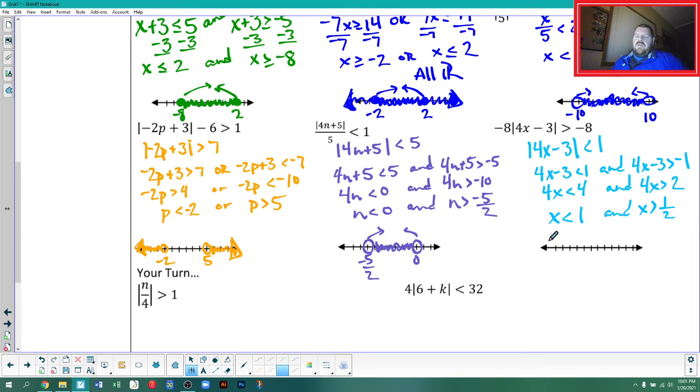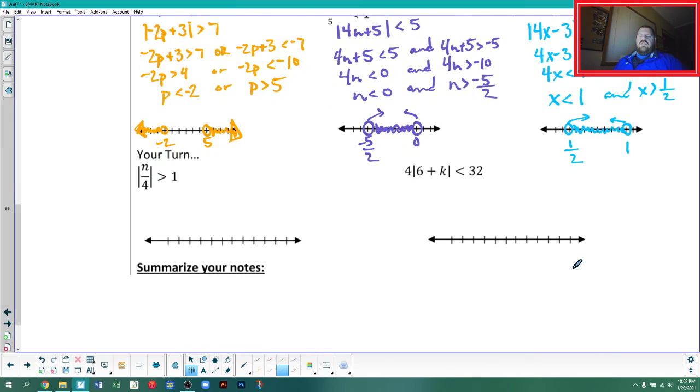So greater than 1/2, I'm just going to say 1/2 is here. We have a really large scale here, and I have 1 right there. Open circles on both of these. Got a lot of open circles today. Greater than 1/2, less than 1, shade in between.